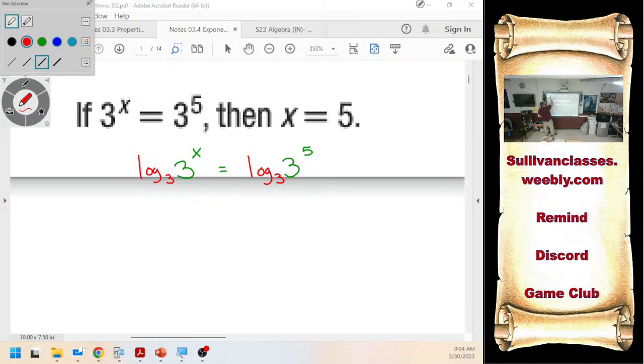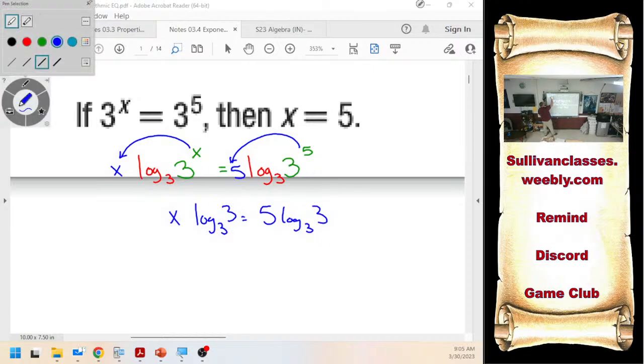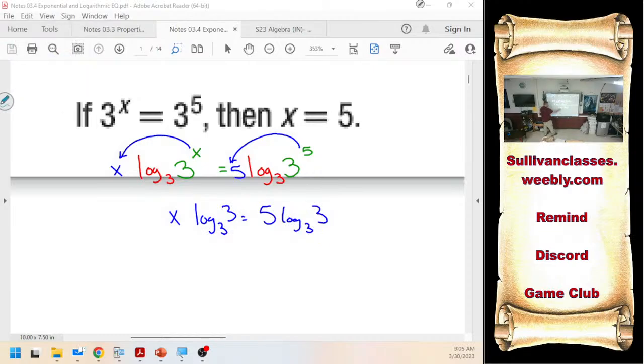Well, what happens is that x comes out front, that 5 comes out front, and now I have x log base 3 of 3 equals 5 log base 3 of 3, and what is log base 3 of 3? 1. So I get just x is 5. So we can look at it and just logically think, well, this has to work.